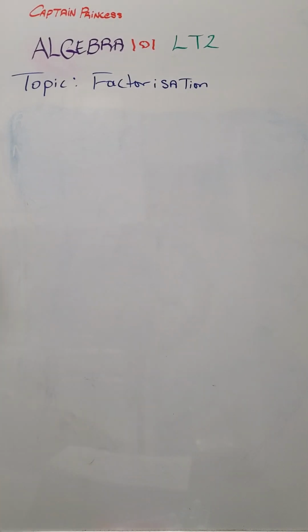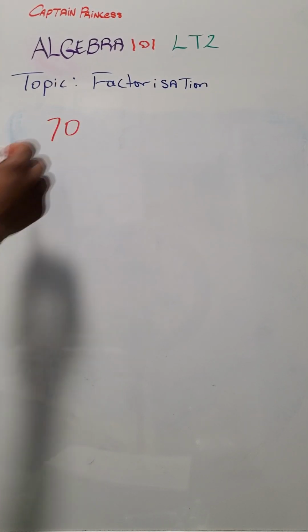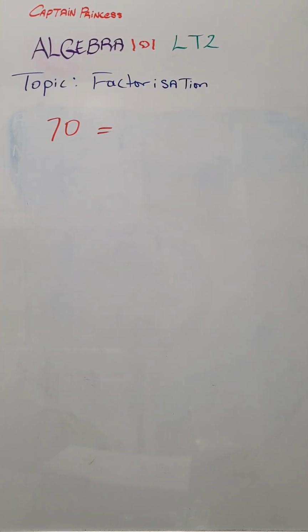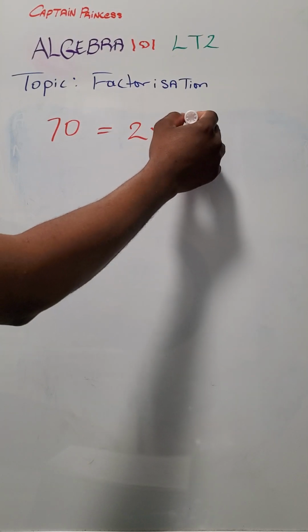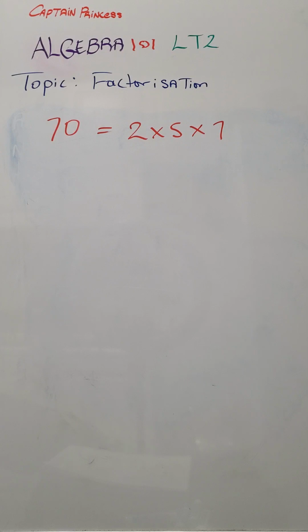So, what are we focusing on today? Let us get into writing a couple of prime factor forms. For example, for the number 70, we will have the prime factor form to be 2 times 5 times 7. And that's the prime factor form for number 70.